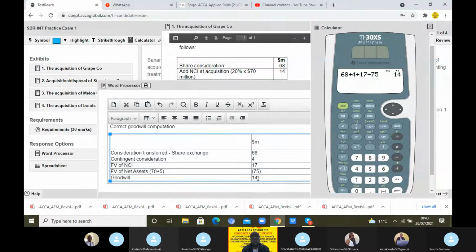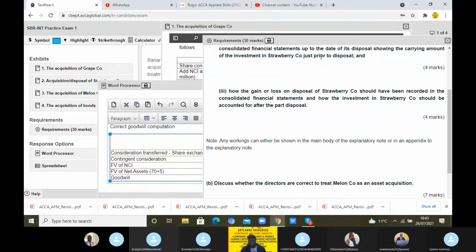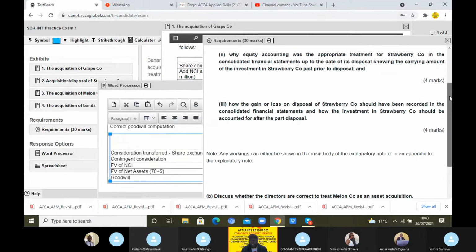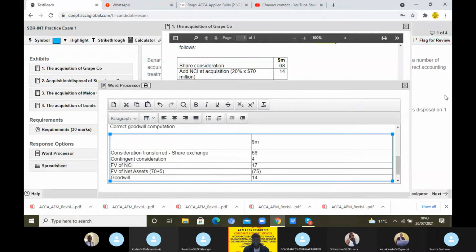This is your goodwill. Now, after you have calculated your goodwill, the question says, what are the journal entries to correct the errors? The question ends by asking for the accounting entry required to correct the finance director's error. So what do you do?